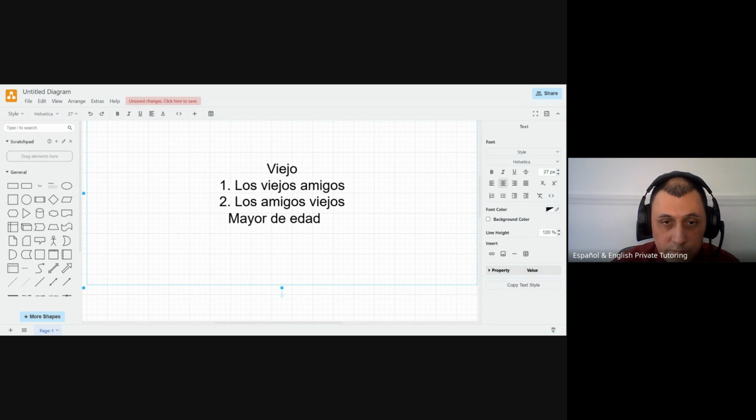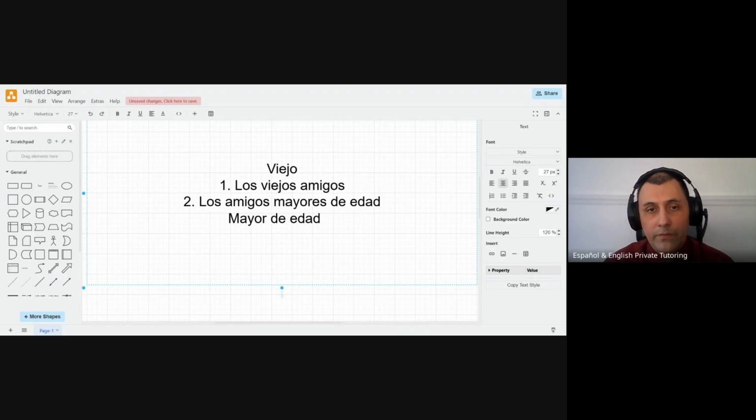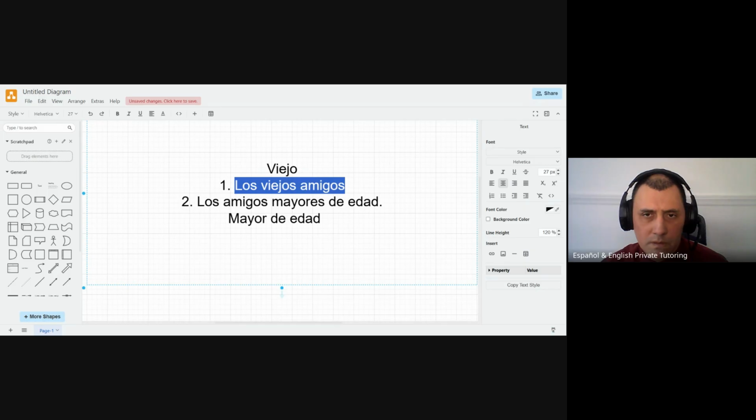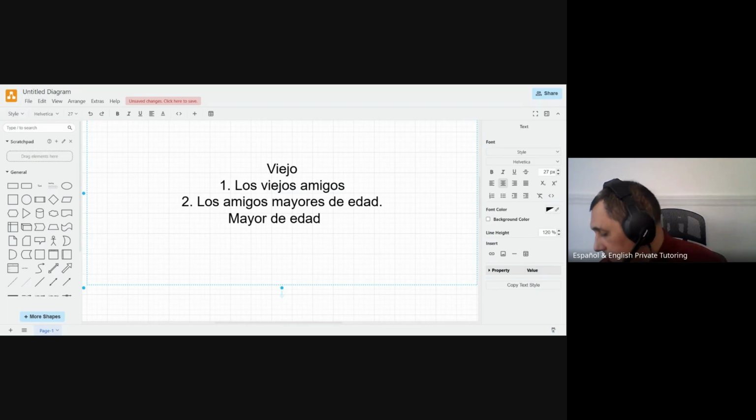So a better option for the second would be los amigos mayores de edad. In this case, the first one, the long time friends, the same as in English, you only use this for people, not for animals or things.